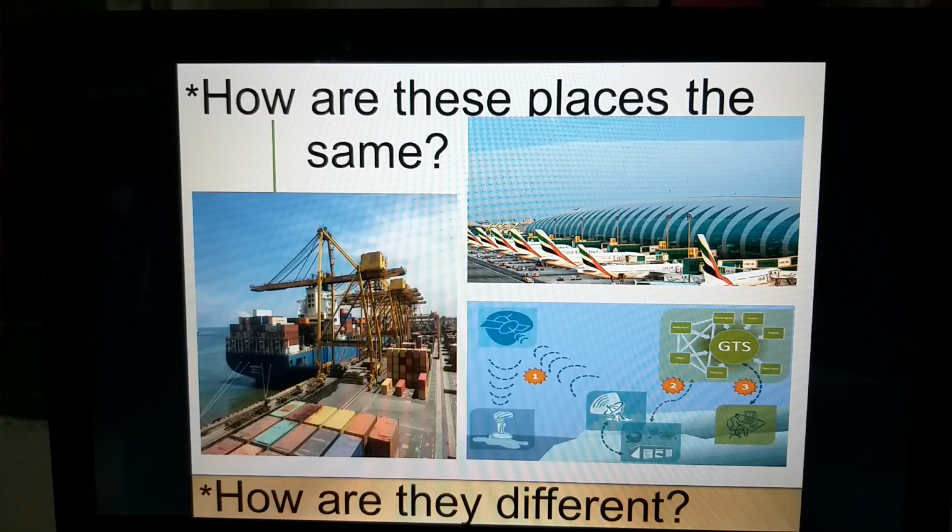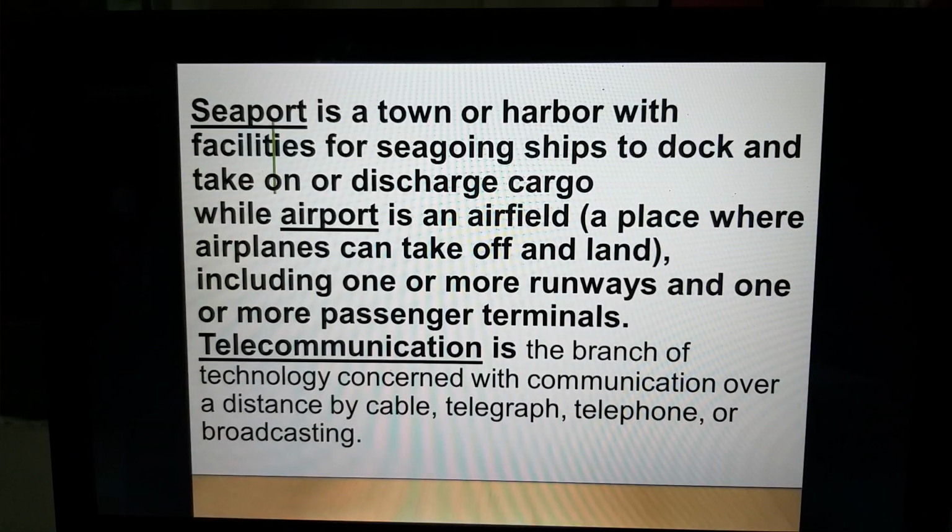Yes. So let me define each to know their differences. First is, okay, let's have seaport is a town or harbor with facilities for seagoing ships to dock and take on or discharge cargo, while airport is an airfield, a place where airplanes can take off and land, including one or more runways and one or more passenger terminals.